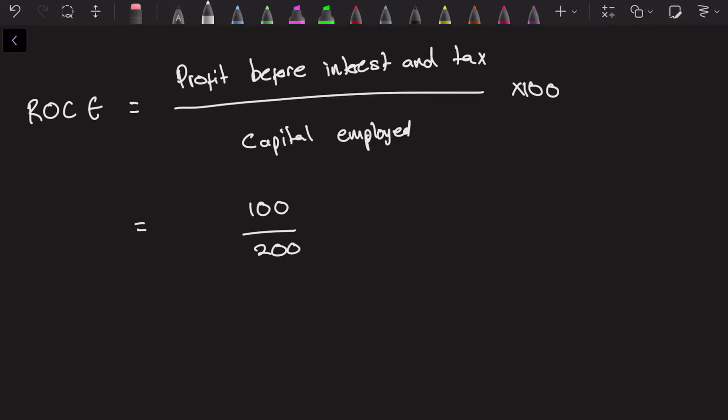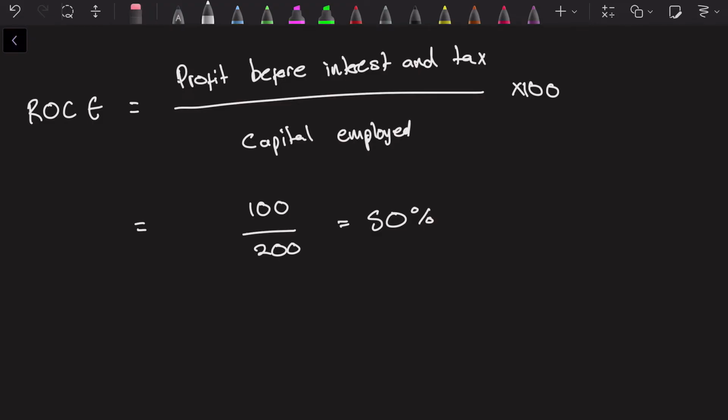Yeah, 0.5 times 100, we're looking at, my days, that's 50%, right? Yeah, 50%. Okay, so that's saying for every $200 we put in, we get 100 back. So we get 50% of what we're putting in back, which is pretty good, right?